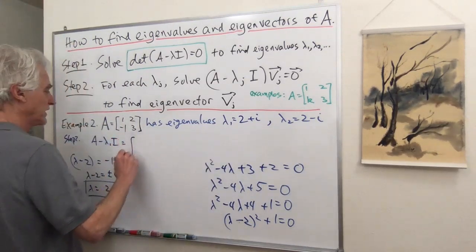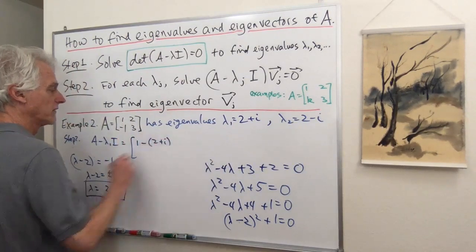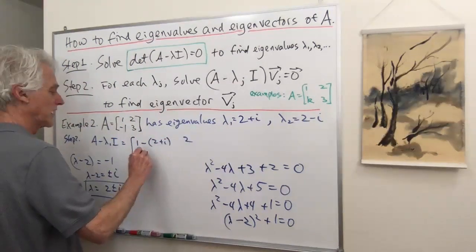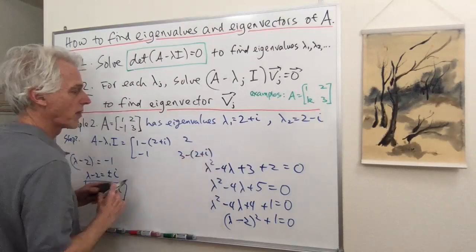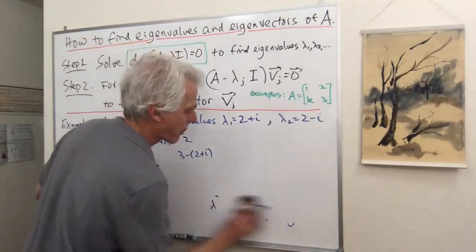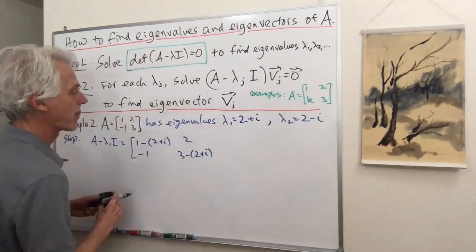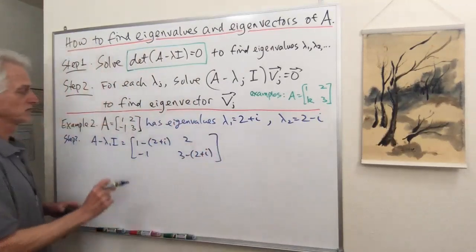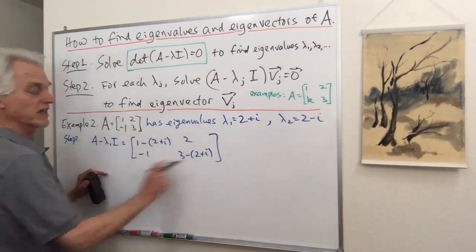This is going to be 1 minus (2 plus I), 2, -1, 3 minus (2 plus I). Okay, so I take 1 minus lambda 1, 3 minus lambda 1.